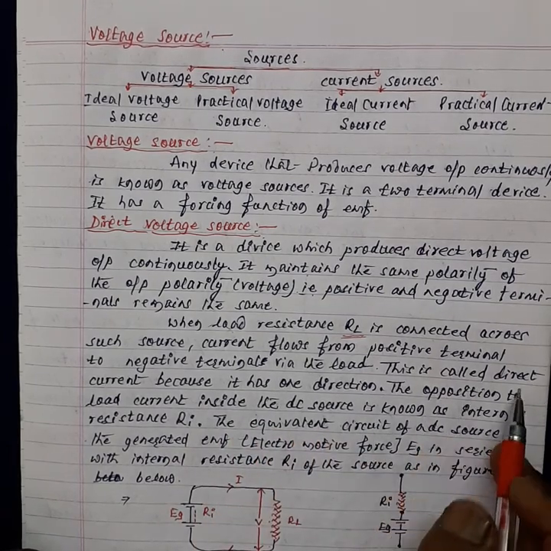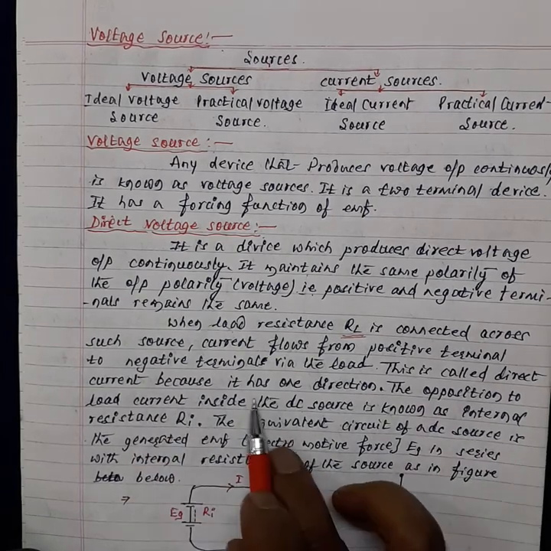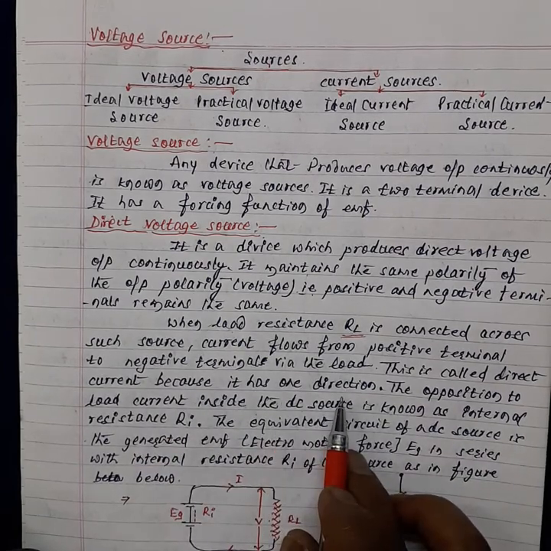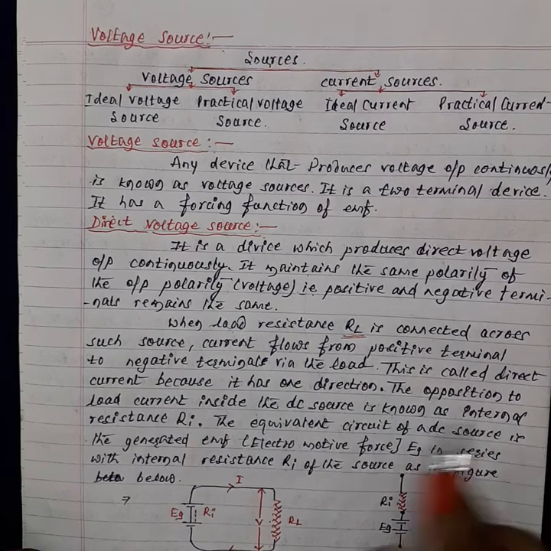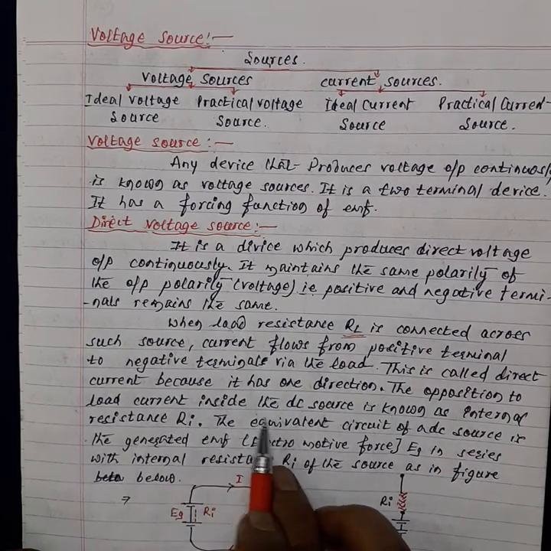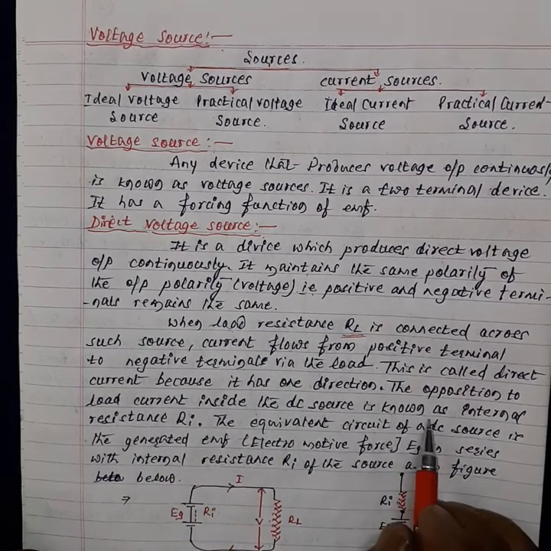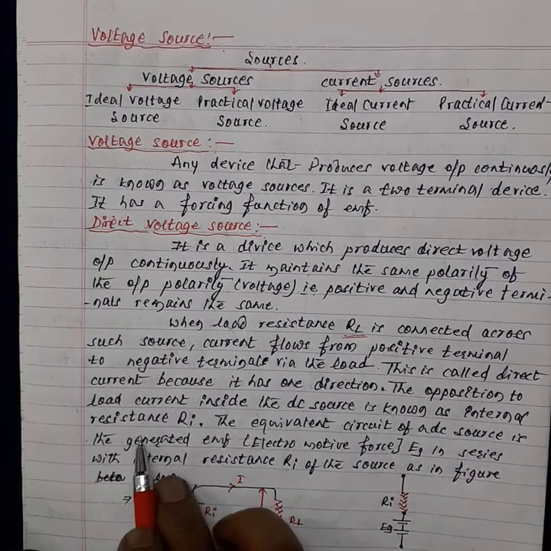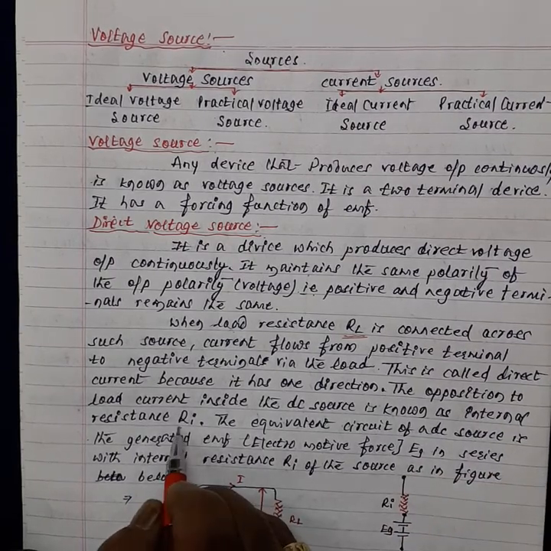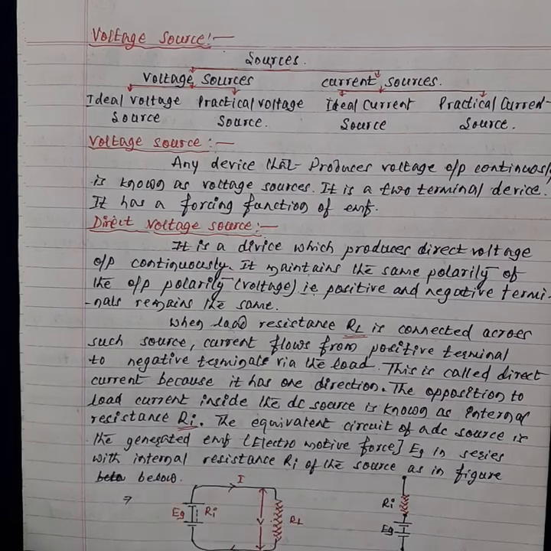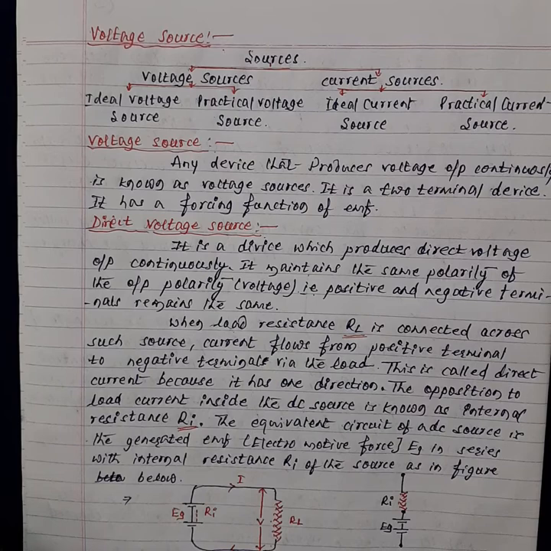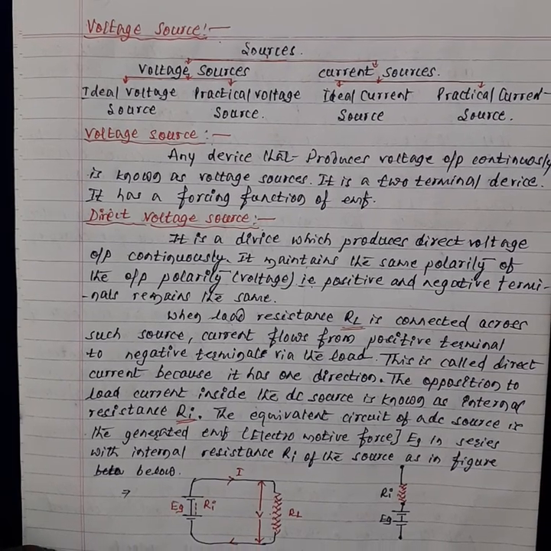This is called direct current because it has one direction. The opposition to the load current inside the DC source is known as internal resistance, say R_i. So R_i is the symbol we are using to represent the internal resistance.